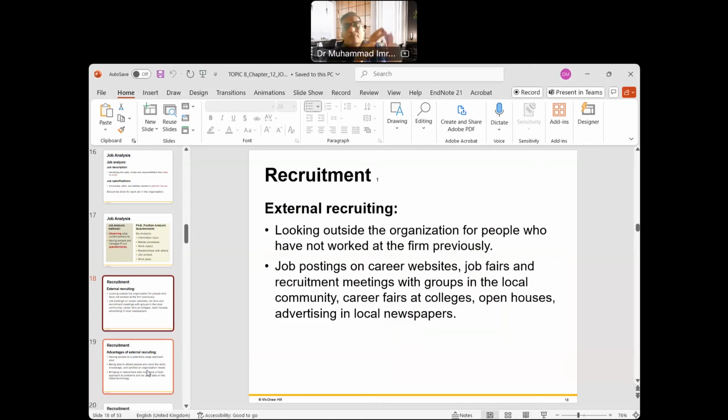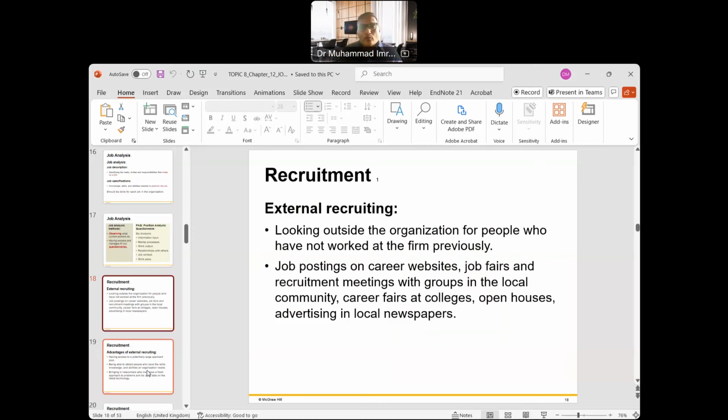Number two, you have your own HR department that will follow the recruitment process. But here, internal and external recruiting is a different thing: how you are going to recruit a new person, not from inside of your organization. Looking outside the organization for people who have not worked at the firm previously.